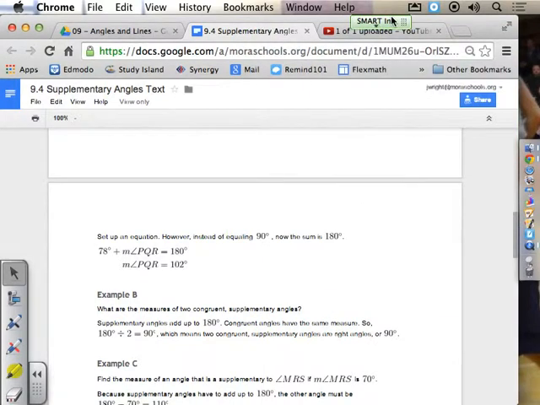All right. What are the measures of two congruent angles that are supplementary? Well, that means they're equal, and they're both equal, but they add up to 180 degrees. So you can take 180 and divide it by 2. What am I going to get there? Ooh, 90 degrees.